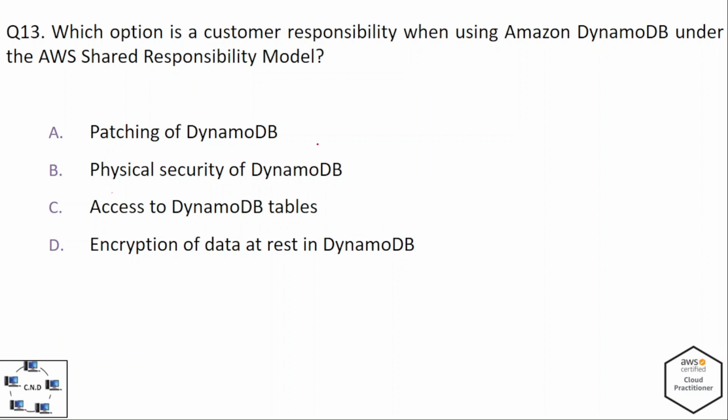And the correct option is, so here we are talking about the customer responsibility, and the customer responsibility in this case includes the access to DynamoDB tables. All the others such as patching, physical security, and encryption of data are the responsibilities of AWS.